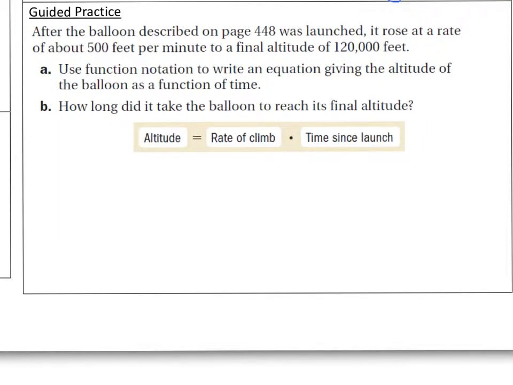Okay, let's do another word problem. After the balloon described on page 448 in your textbook was launched, it rose at a rate of about 500 feet per minute to a final altitude of 120,000 feet.